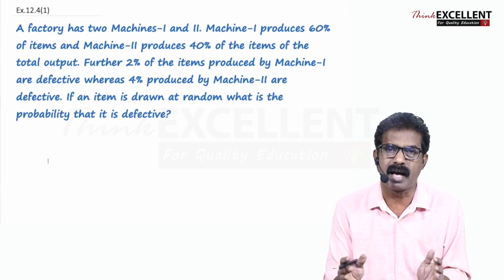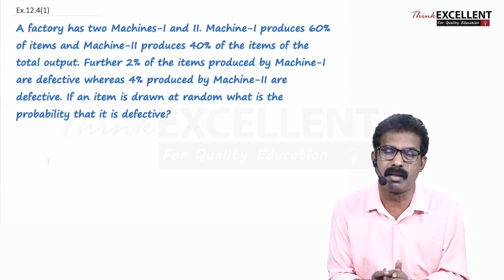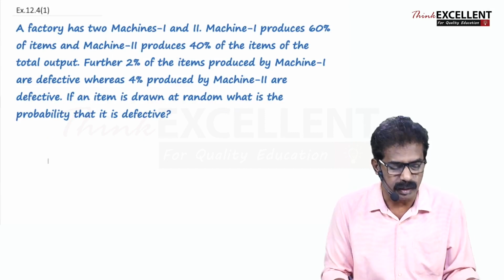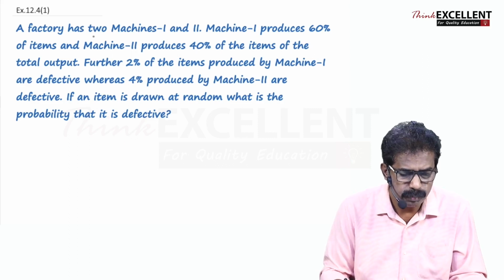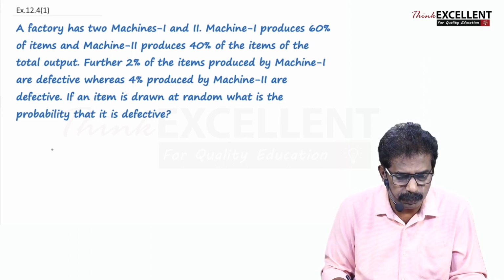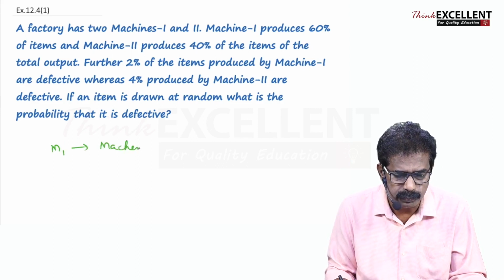So read the question carefully, form a tabular column of what is given, then you can do it very easily. A factory has two machines, machine 1 and machine 2. I'm taking M1 as machine 1 and M2 as machine 2.